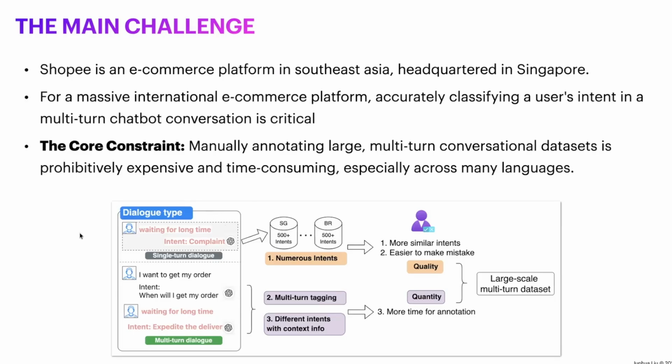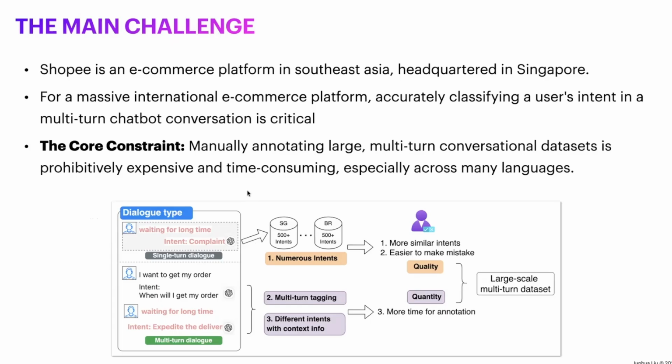If we think about it, when a customer comes to Shopee and tries to talk to the chatbot or customer support, they definitely come with some purpose, or we call it an intent. So knowing the intent will help the LLM solve the customer's problem effectively, because very few genuine users will go and talk to a Shopee chatbot about how's the weather or just some chit-chatting. They will come with a purpose.